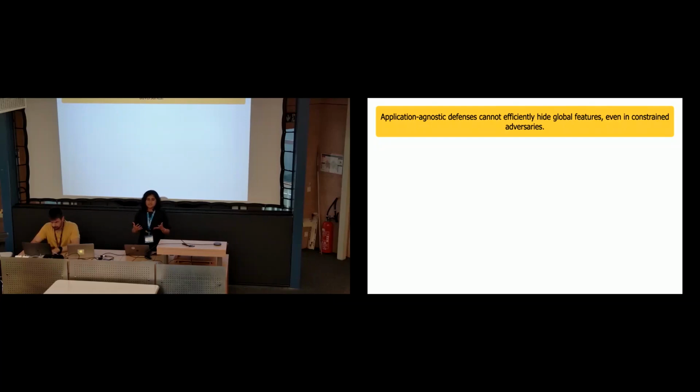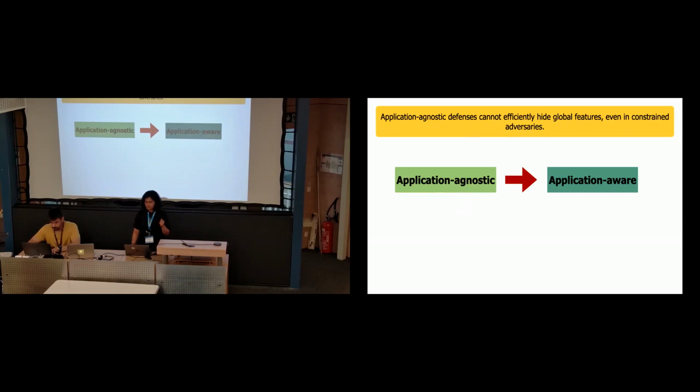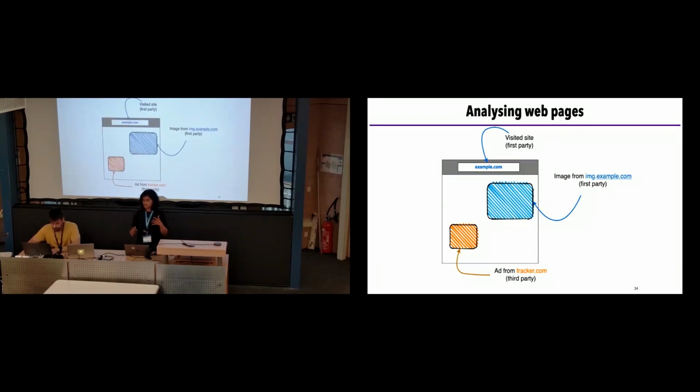So these defenses do not know the size of the website in advance, in order to know the optimal amount of padding that can be added so that you have effective bandwidth as well as effective protection. So we looked at application-aware defenses, and we studied the structure of different web pages, where we wanted to see the prevalence of first and third parties.